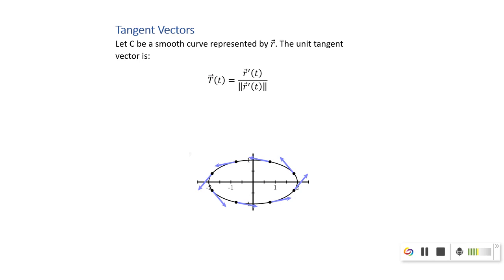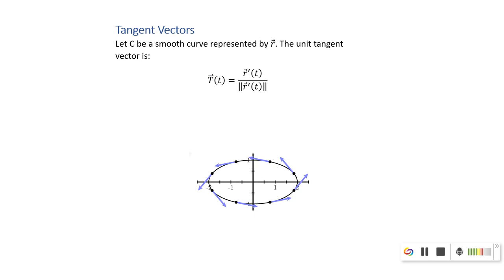So if you were to draw a tangent line, that derivative is going to give you its slope. The derivative of a vector valued function also gives us information about what is tangent to that vector valued function. In this case, it's going to give us information about the tangent vector.